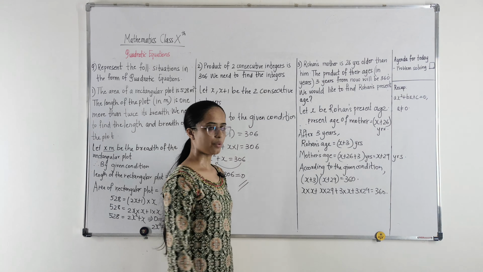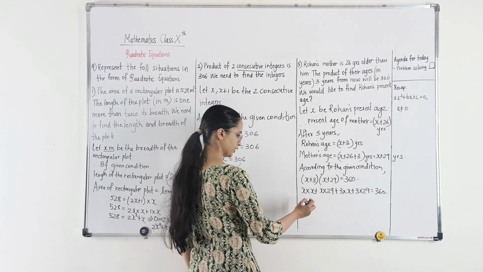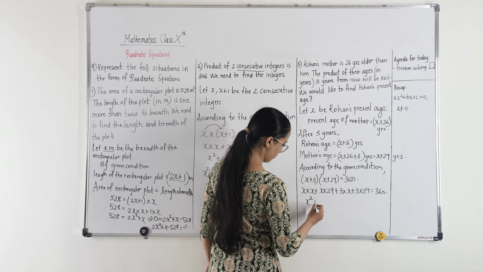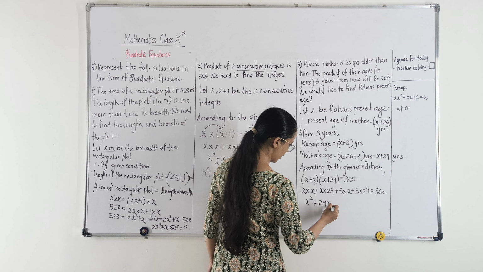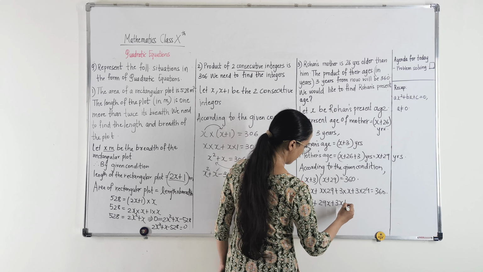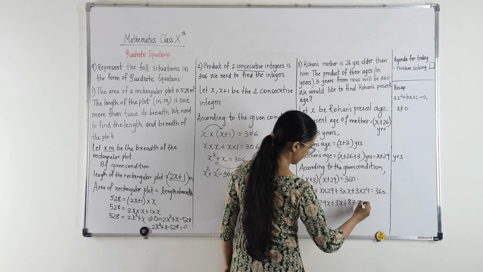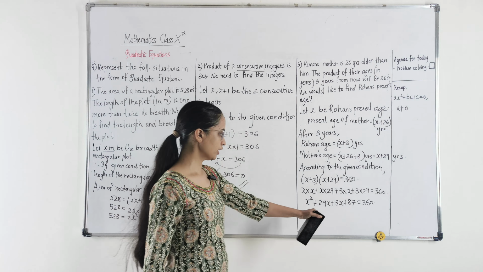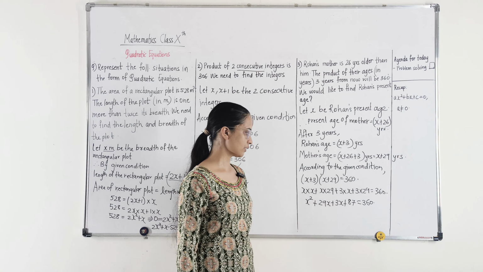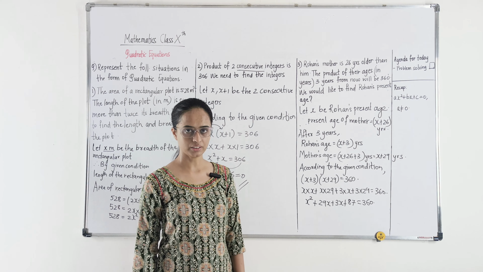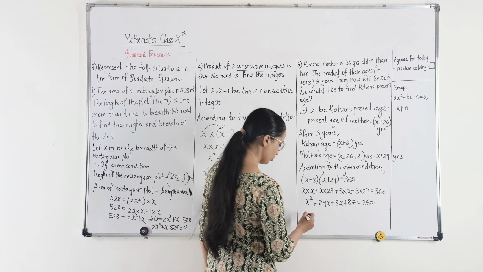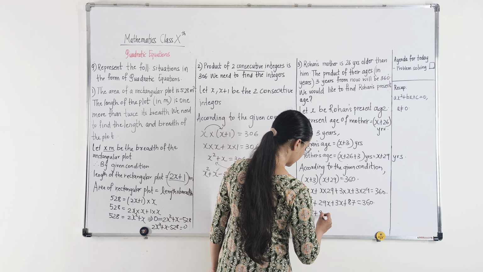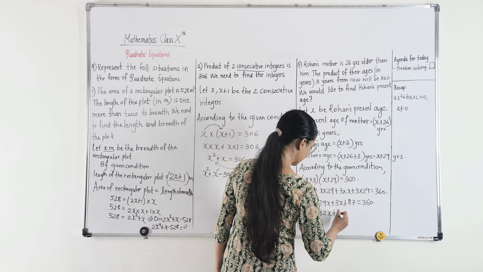Again, we would be using normal rules of indices. x into x would be x square plus 29x plus 3x plus 3 into 29 is 87, and that is equal to 360. Since these two are like terms, we can combine 29 plus 3 is 32. So we will get x square plus 32x plus 87.